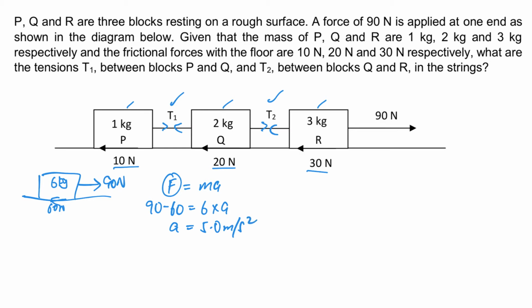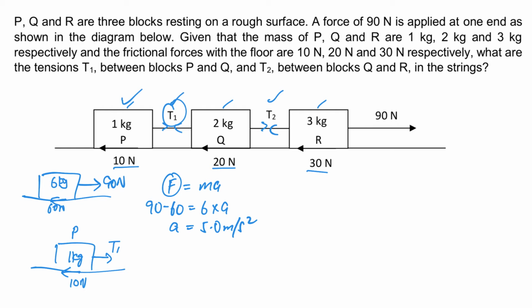Now, to solve for T1 first, I will select the block P because it has the least number of forces acting on it. So let's draw the free body diagram for P, which is 1 kg, and the only force acting is T1, and of course, do not forget the frictional force of 10 Newton.